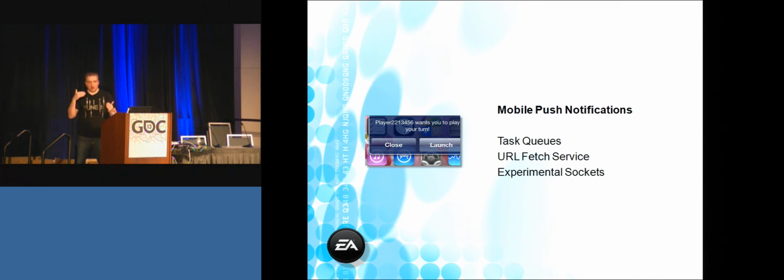Okay, so our App Engine application communicates through HTTP to this system that will push notification on the socket protocol. We are testing the new experimental socket support in App Engine, and currently it works pretty well. We plan to have our next game using this socket implementation directly instead of going through a different system.